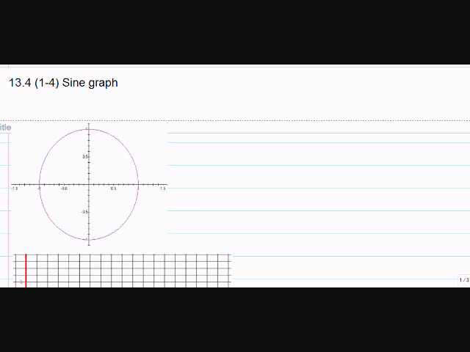Okay. So, make yourself a little sketch of the unit circle. And I'm going to take some points off the unit circle that are going to be easy points to find.